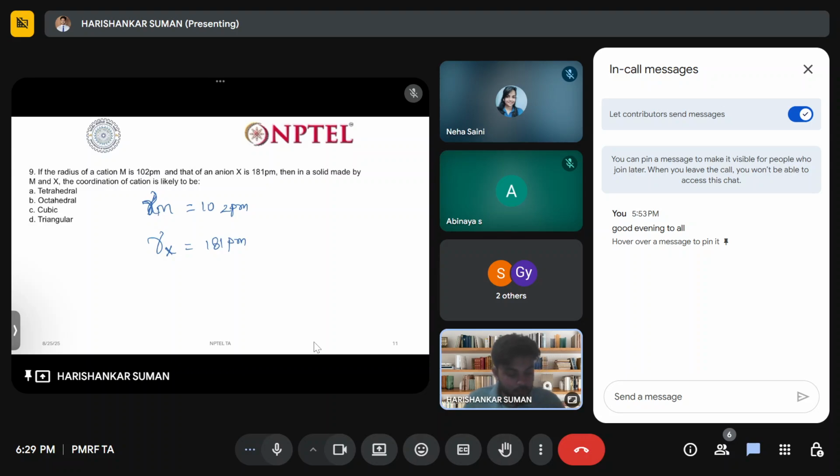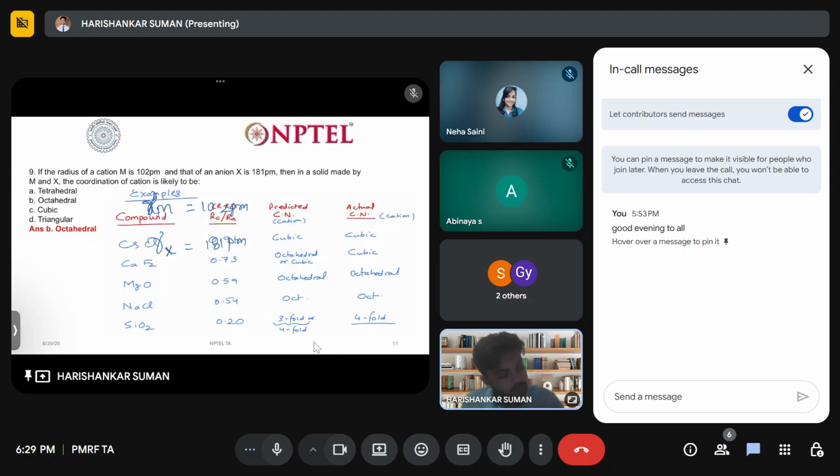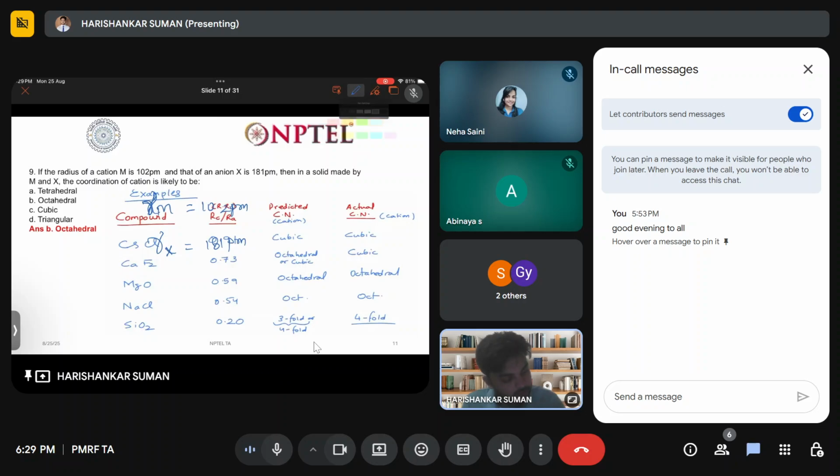So the answer would be octahedral. How can you see? One minute. According to the radius ratio, coordination number, please check this radius ratio, cation with respect to anion, Rm over Rx.